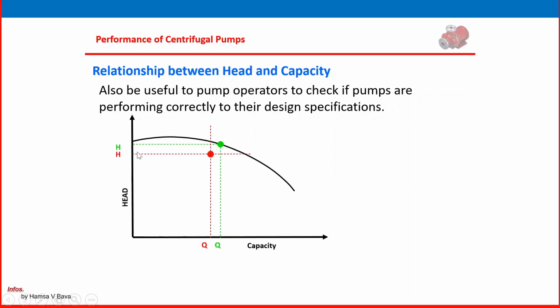Head and capacity are reducing, and the curve is performing like this. These conditions help operators and troubleshooting personnel to determine whether the pump is working efficiently, or needs servicing, or has any internal part damage, etc.